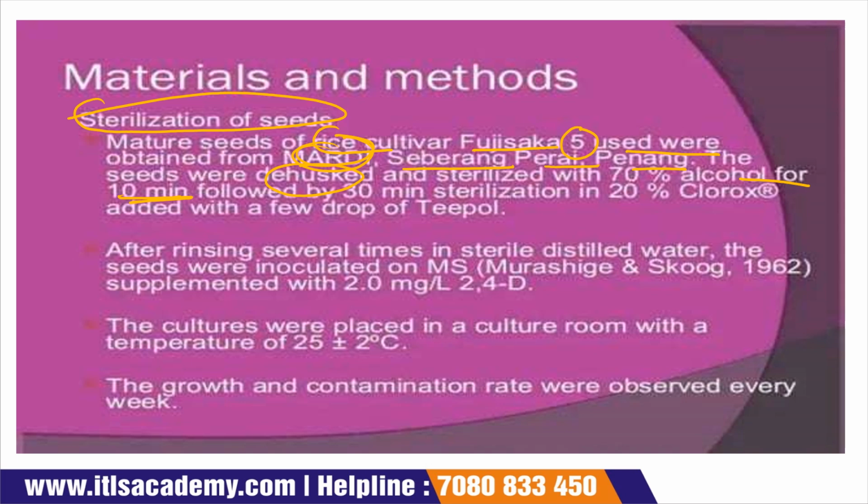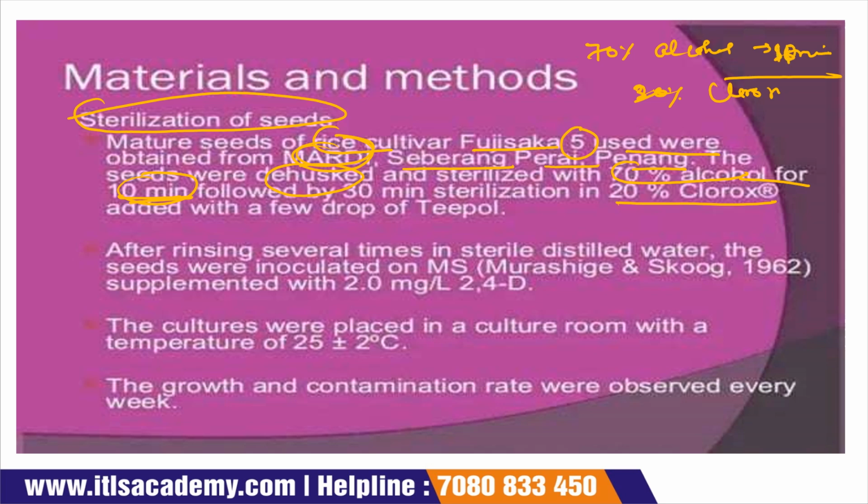Okay, first of all, what should we do? We dehusk the seed and then it will be sterilized with 70% alcohol for 10 minutes, which is followed by a 30-minute sterilization in 20% Clorox.